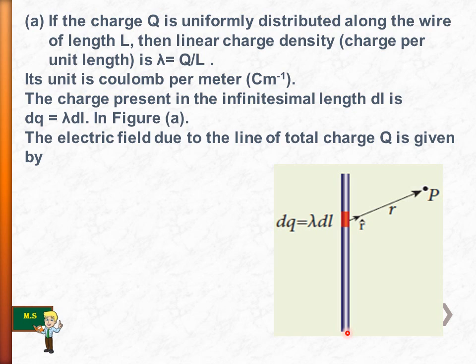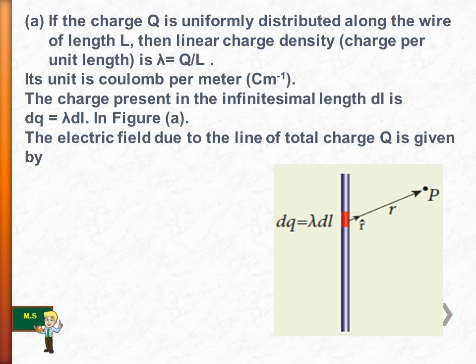That means we don't know the starting point and the end point of the wire. We have dq is equal to lambda del L. Here del L is the length of this particular element. We cannot find the total length, so we find only a unit distance.